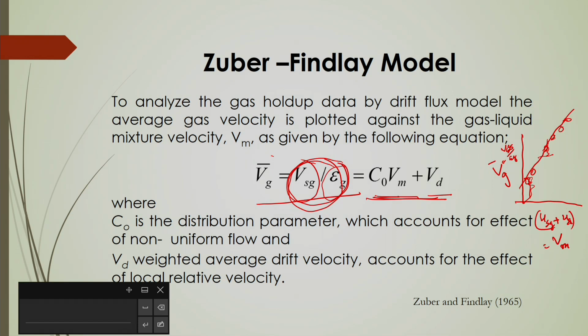Now, you can get Vd and C0 for different operating variables. If you increase the gas and liquid velocity, you get different values of C0 and Vd. If you increase the viscosity, the density, or add some surfactant, then according to the variation in physical properties, there will be a change in C0 and Vd. So, you can expect C0 and Vd at different operating conditions.